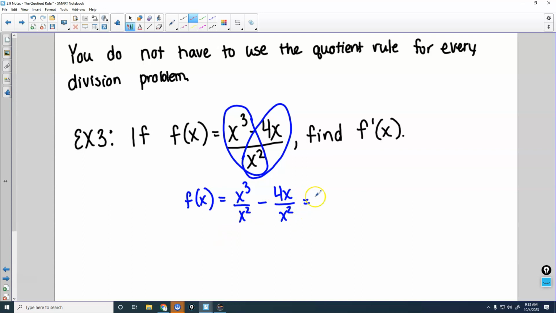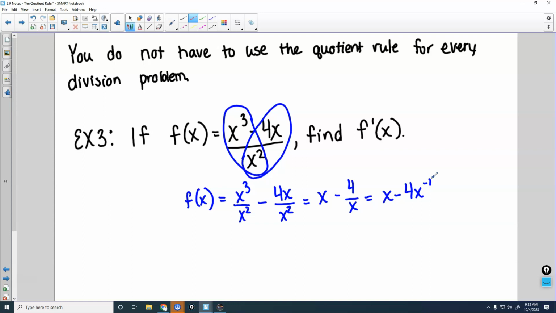So that would be just x to the first power minus 4 over x. But I could write that as x minus 4x to the negative 1 power. Right, this is still f of x. I have not taken the derivative.